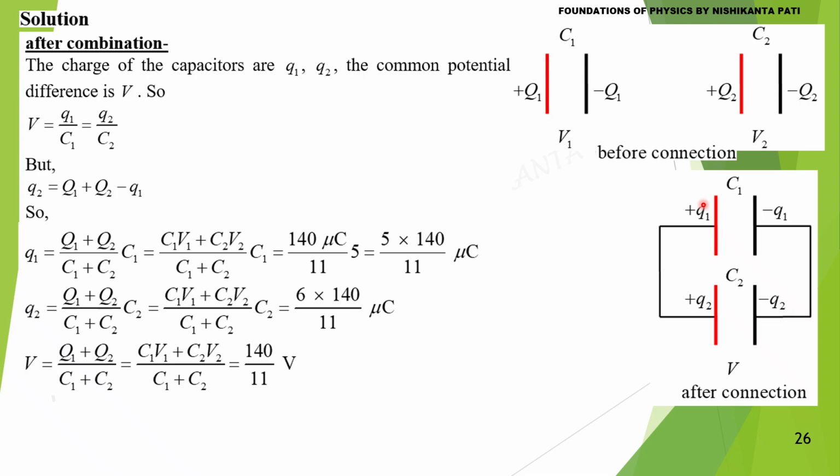So V is Q1 by C1, V is also Q2 by C2. Putting this Q2 here and solving Q1, we get Q1 to be this and this. After putting the respective value, we got Q1 to be this much. Similarly, Q2 is this much. V is Q1 by C1 or Q2 by C2. So this is the formula. Then accordingly V coming 140 by 11 volts.